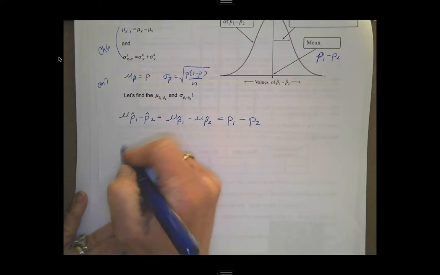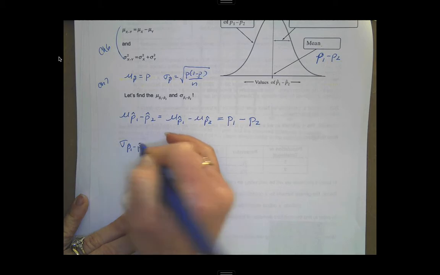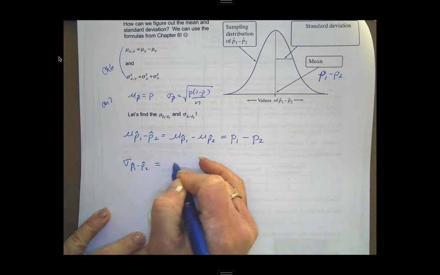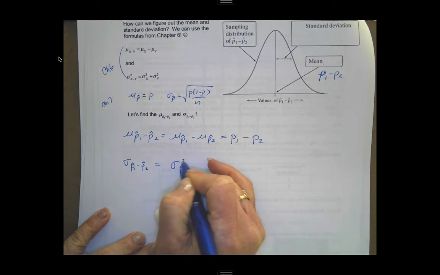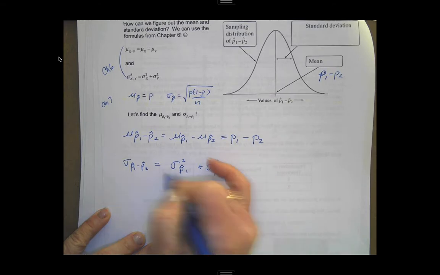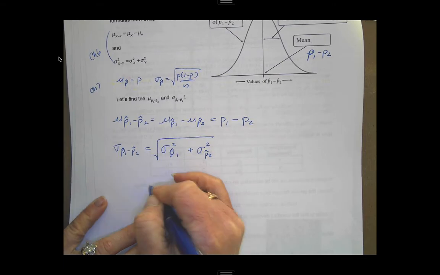The standard deviation: I would have to add the variances. So I'm going to add the variance of P hat 1 plus the variance of P hat 2. After I add those variances, I'll have to take the square root to get the standard deviation.